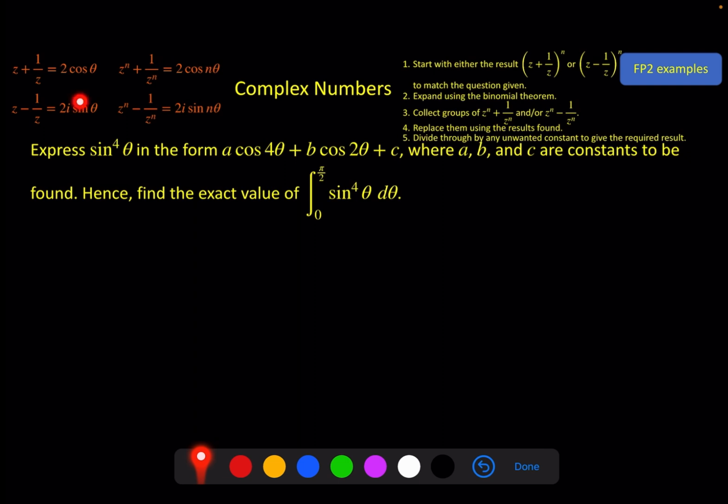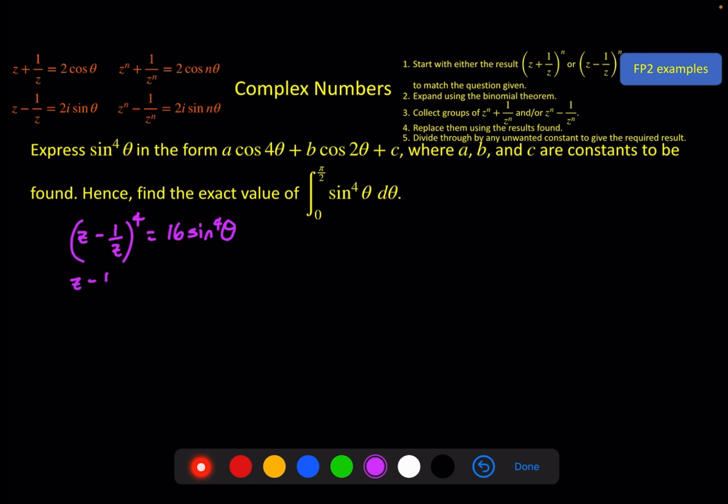So for sine, we're going to need to use z minus 1 over z. And we want power 4, and that will equal 2i to the power 4, which is a nice simple 16, sine power 4 theta.